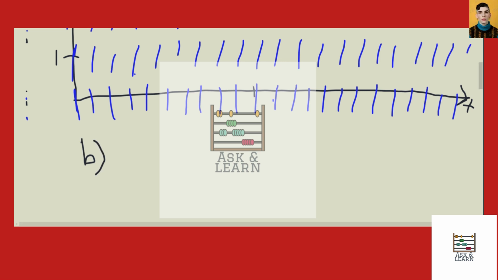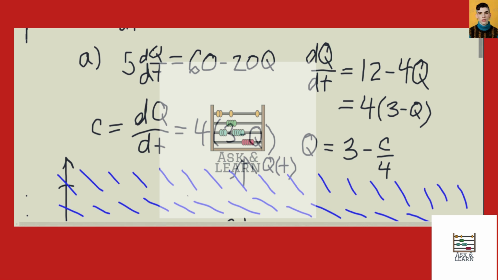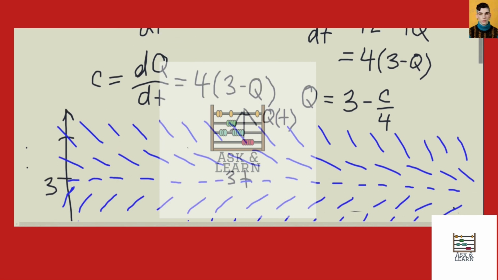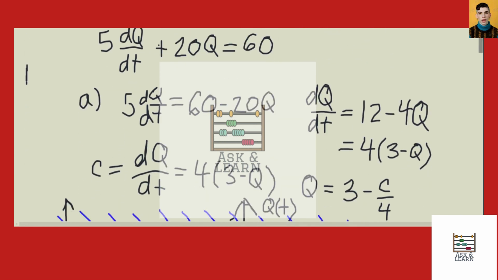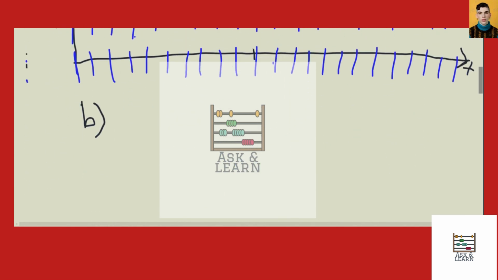And there's a more analytical way to see this. The limit as t approaches infinity of q(t), you can see just from the graph, is equal to 3.